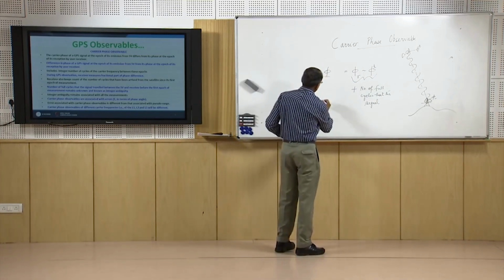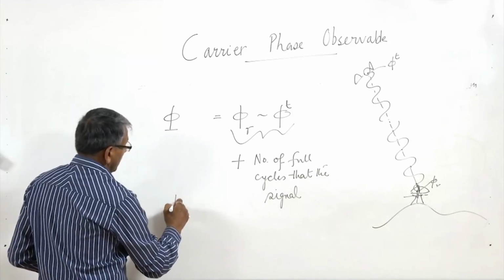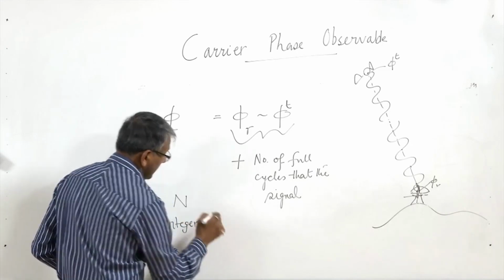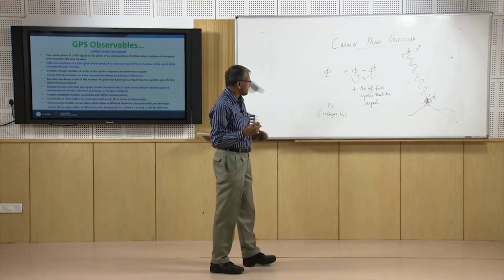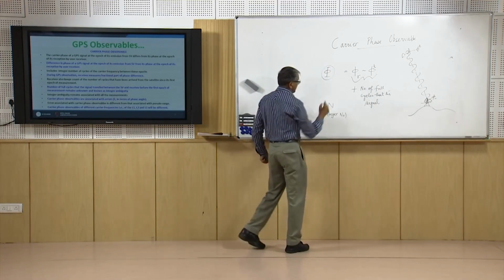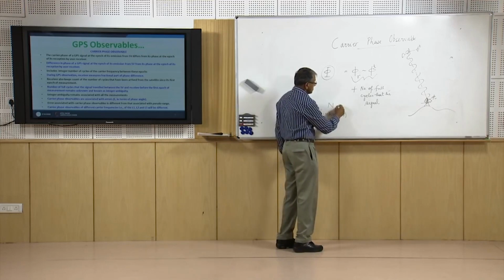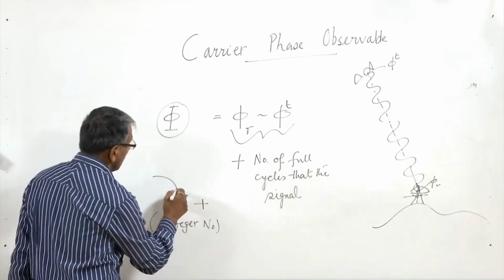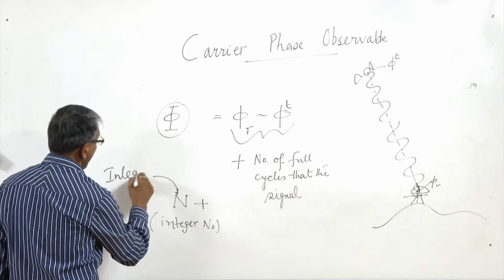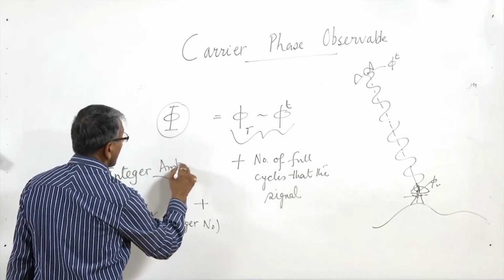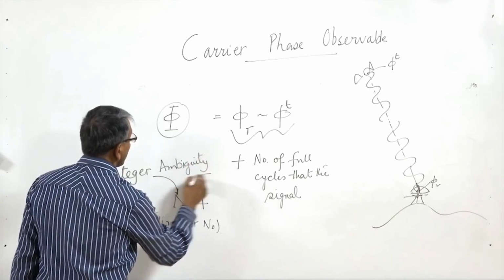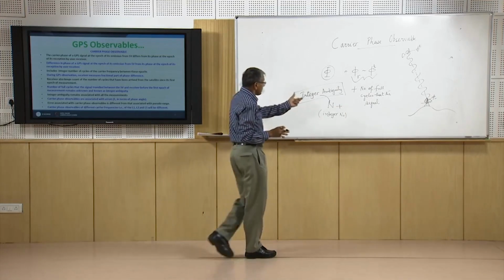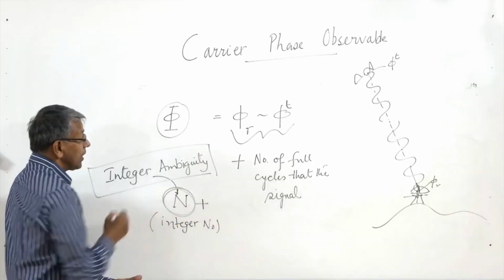So always there will be an integer number n, which will be associated with the carrier phase measurement observable, which is not known for the user, and that is known as integer ambiguity.